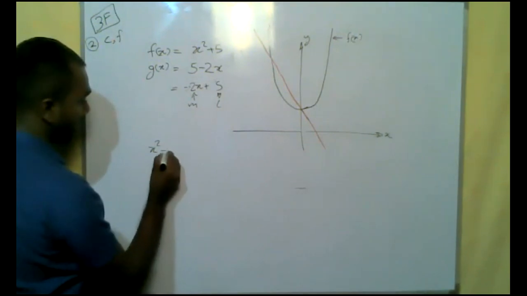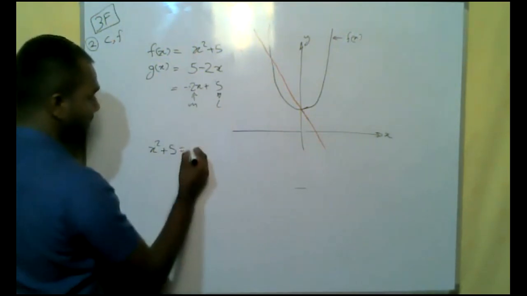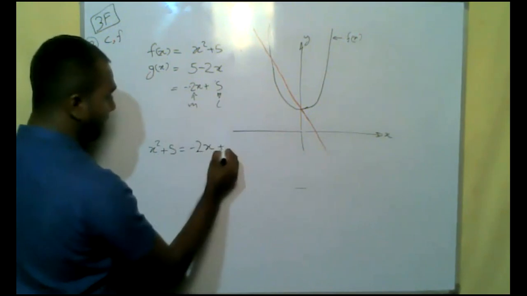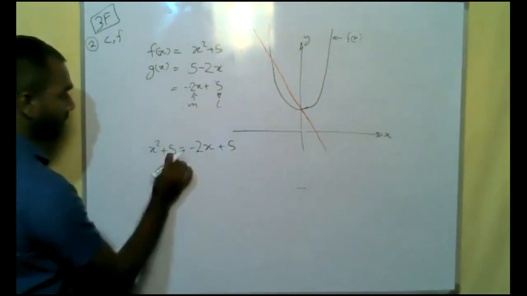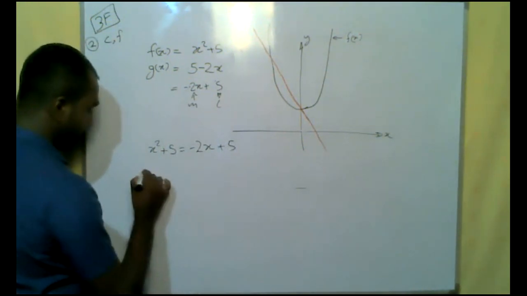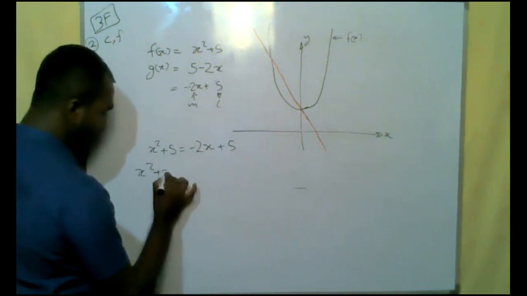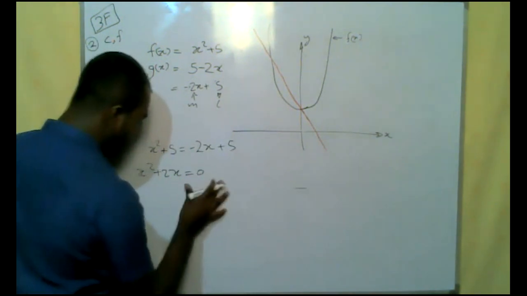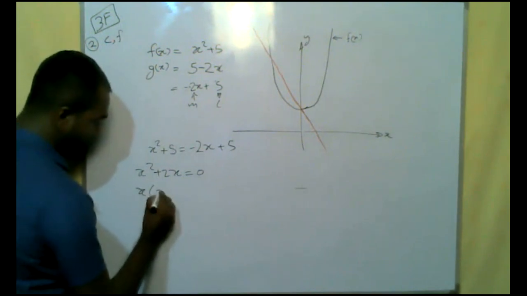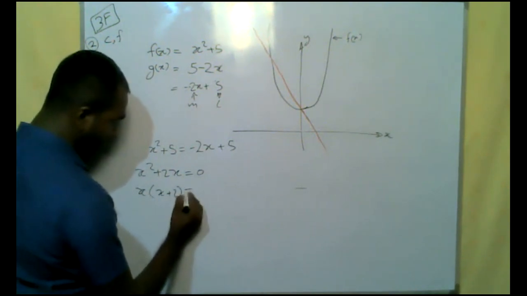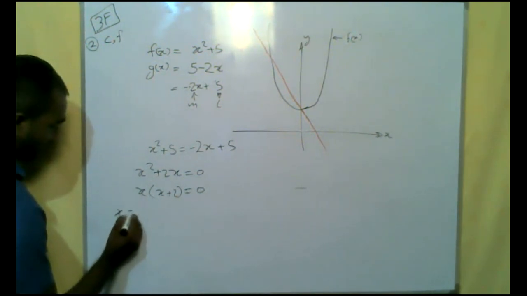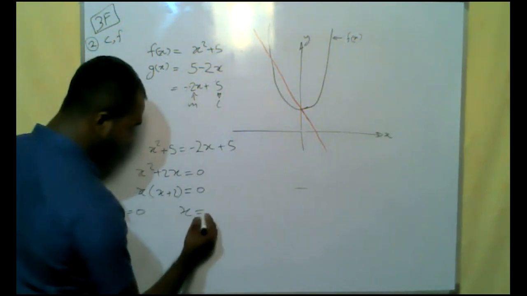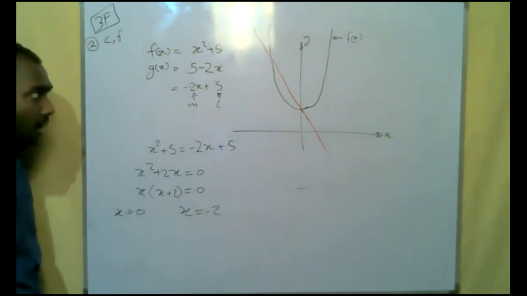So x squared plus 5 should be equal to minus 2x plus 5. So 5 and 5 cancel off, 2x comes this side. So x squared plus 2x equals 0. Then we can take x(x plus 2) equals 0. So either x equals 0 or x equals -2.